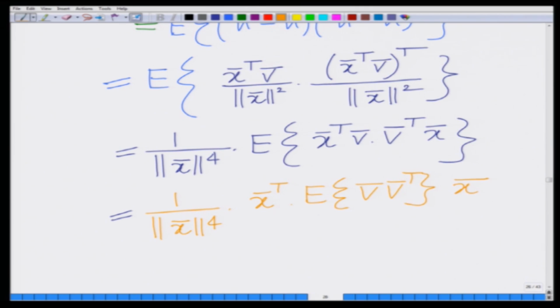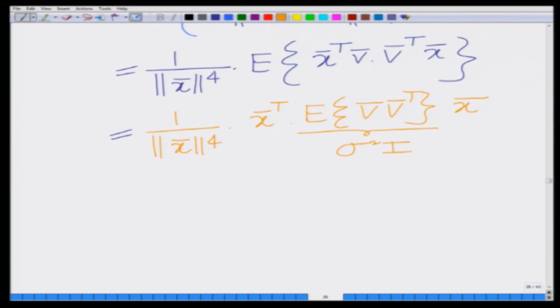And now, this is interesting because this is your sigma square I, which we have already shown is the noise covariance. Therefore, this is 1 over norm x bar power 4 times x bar transpose sigma square times identity times x bar. The sigma square will come out, so I can write sigma square over here.